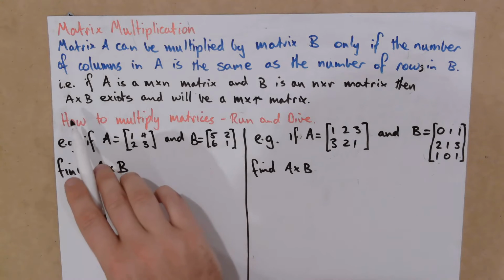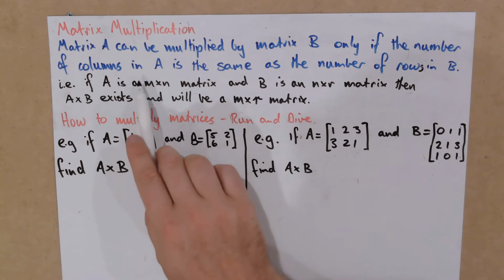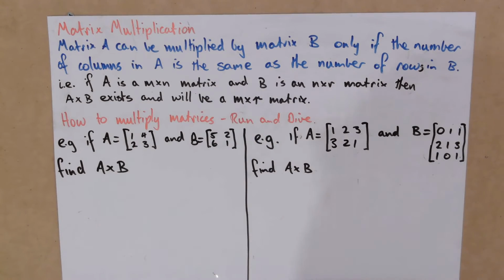And not only will A times B exist, it'll be an m times r matrix. So our size will be this first number by this last number.